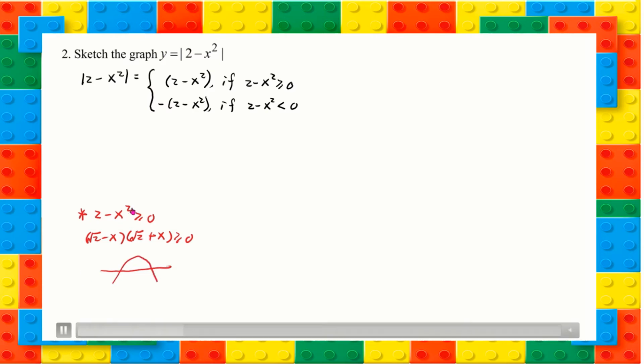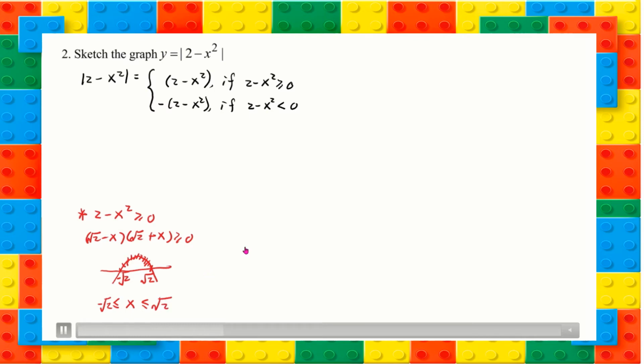Because this quadratic is a negative quadratic, it is an N shape, and we label the x-intercept. Now because the inequality is greater than 0, this is the area that we need to take, and the value of x in this area is greater than negative square root of 2 and less than positive square root of 2.